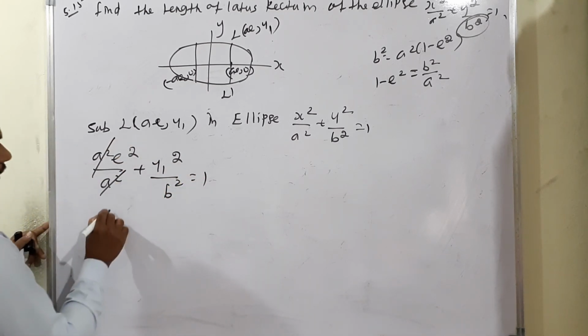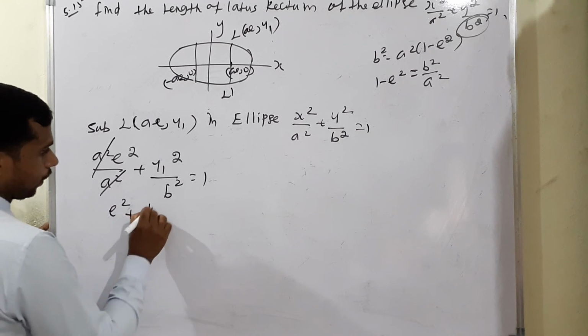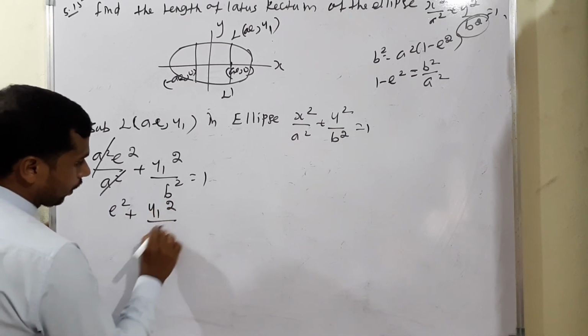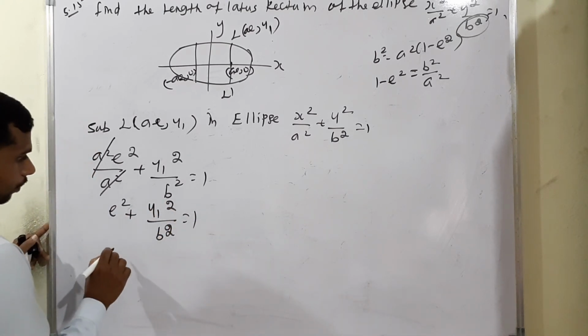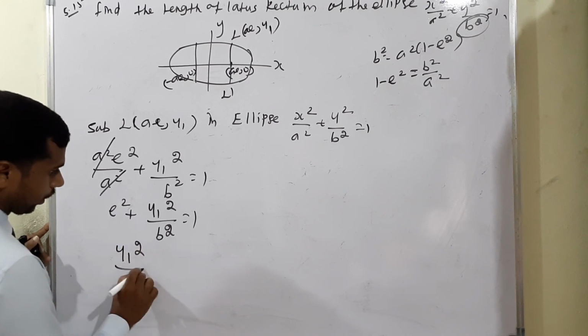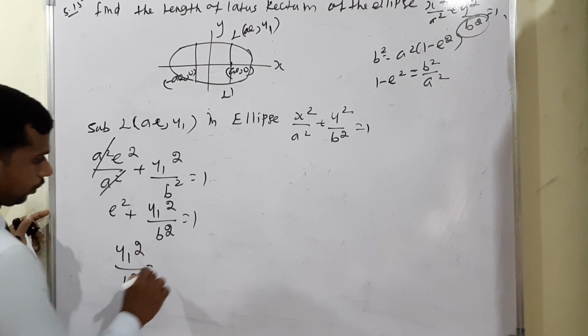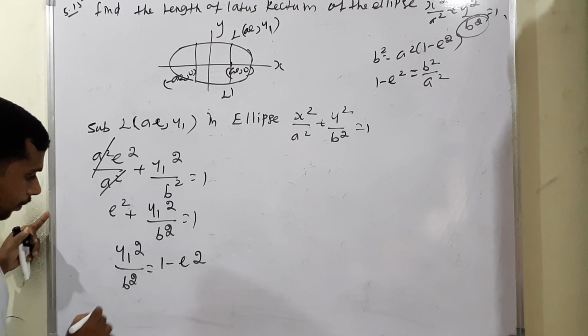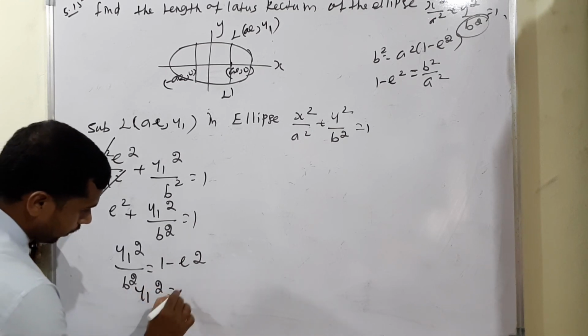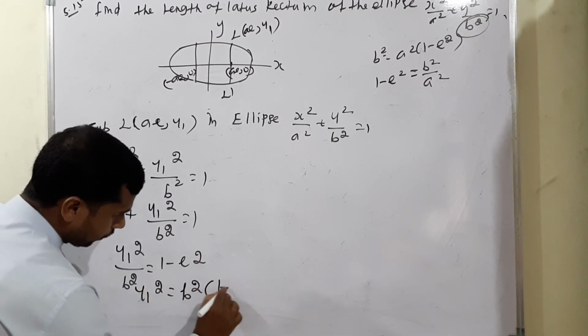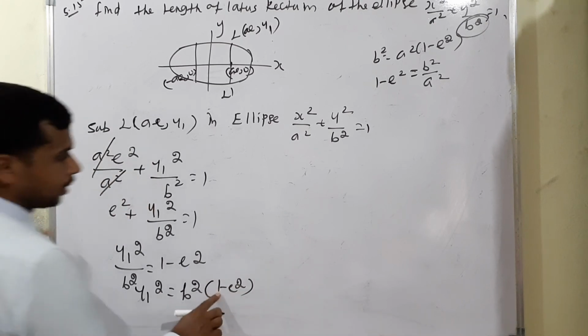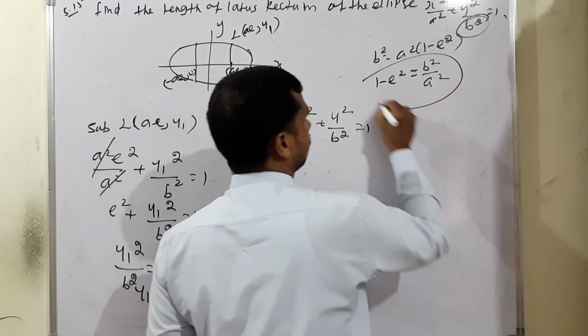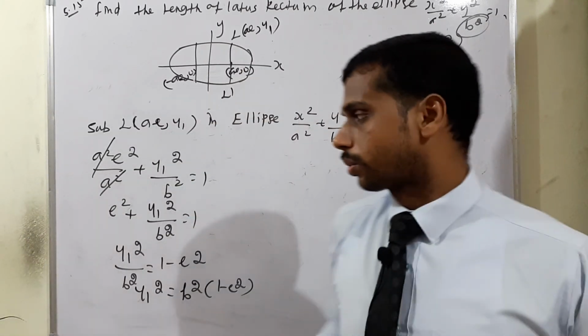Again a square cancels, so e square plus y1 square divided by b square is equal to 1. Therefore, y1 square divided by b square is equal to 1 minus e square. Again y1 square is equal to b square into 1 minus e square. Instead of 1 minus e square we can write b square by a square.